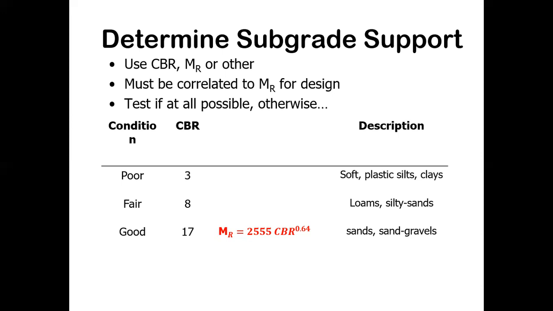Maybe 17, I think it's too much, but since it has been taken from a standard book, though I will recommend not to take a CBR of more than 12 for design purposes. Accordingly, poor is CBR 3, fair is 8, and for good, CBR is 70. This is how to determine the subgrade support.